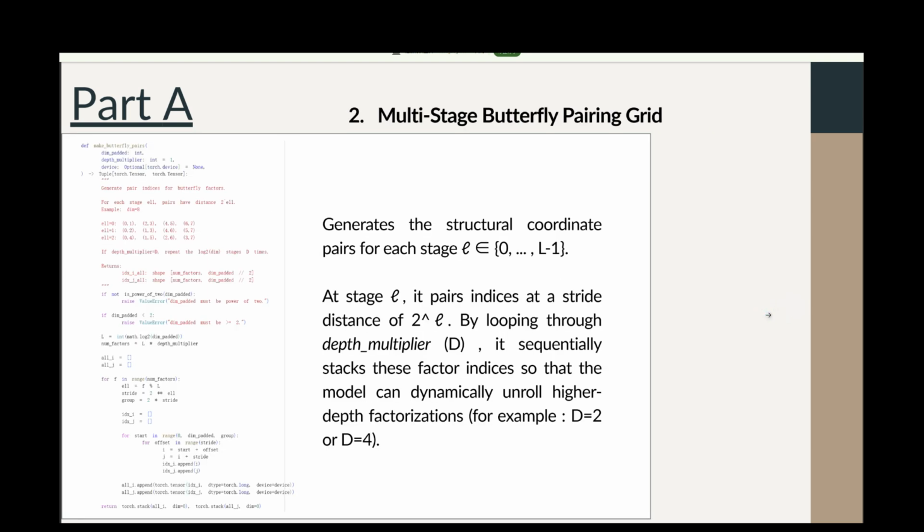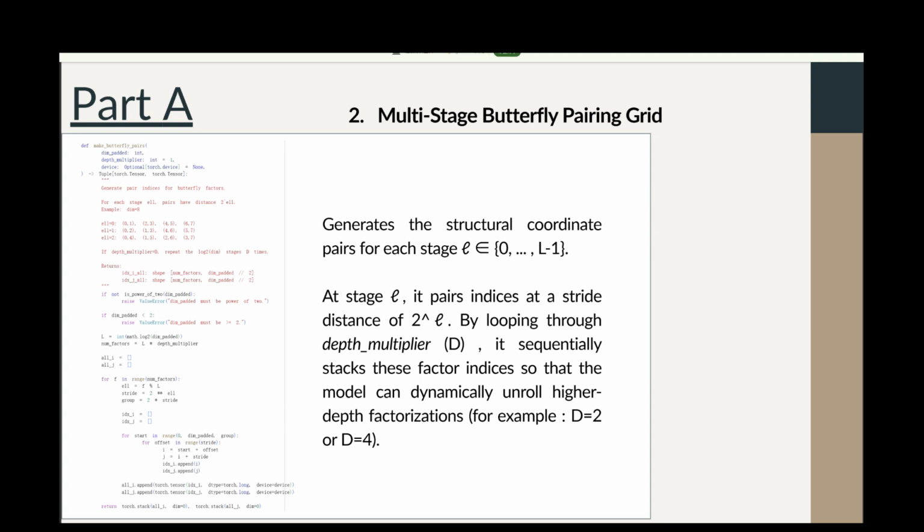And here's our core routing matrix generated by this function. At each factoring stage L, it structures the index matrix where paired nodes are exactly separated by a straight distance of 2 to the power of L. By looping through the depth multiplier parameter D, our grid can sequentially stack multiple log factor matrices.